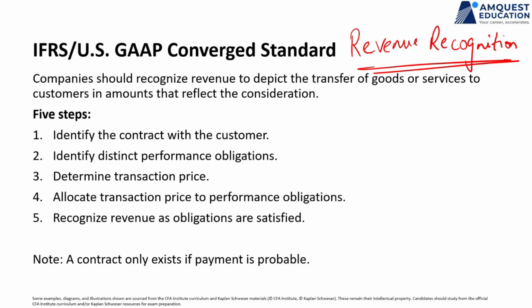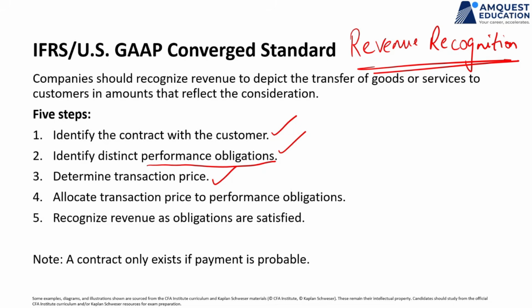Step one, identify the contract with the customer. So there should be a contract, a written contract signed with the customer. Second, identify distinct performance obligations, which means what is the obligation of the buyer and the seller. The buyer's obligation is to make the payment. The seller's obligation is to deliver the product or the service. So identify the performance obligations for each of the parties involved in the transaction.